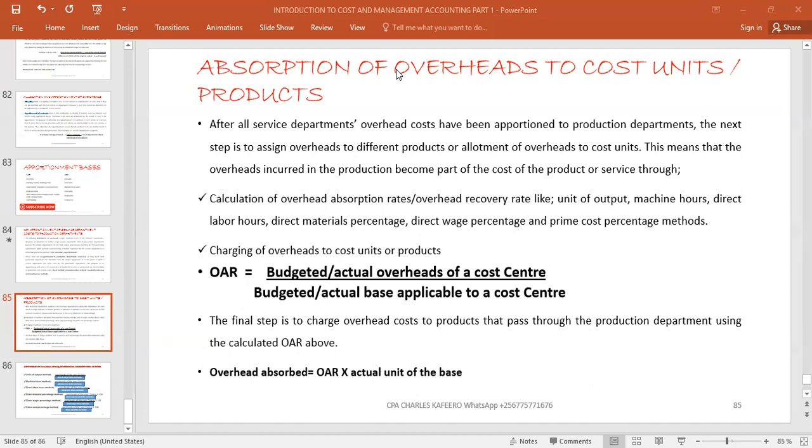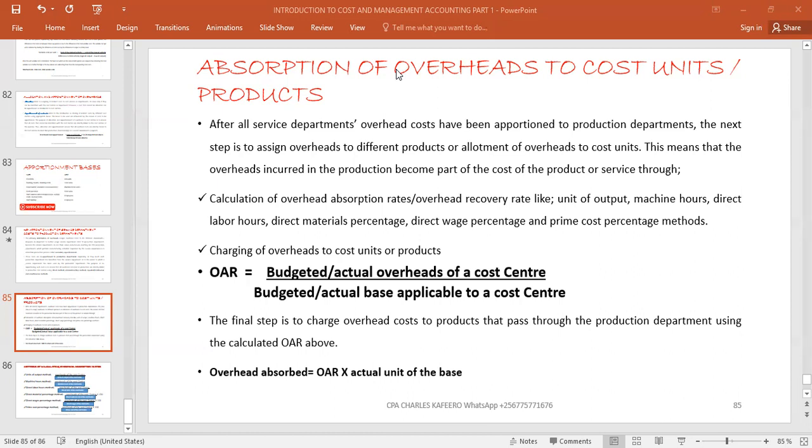If you're not using a blanket overhead absorption rate, then you may be using multiple overhead absorption rates. With these, each item of cost that has been incurred in the production department is given an appropriate base that can be used to allocate the costs we've incurred in that department.